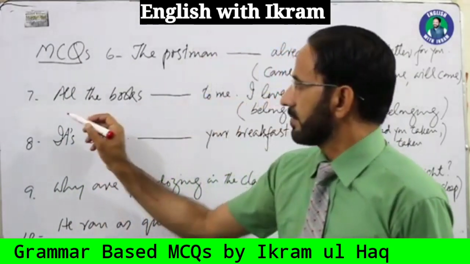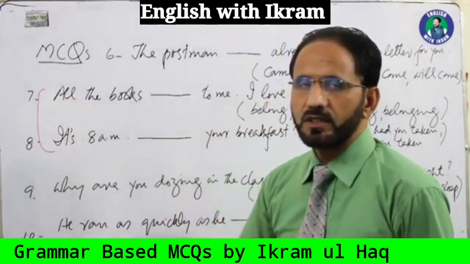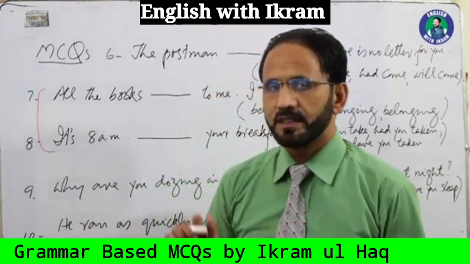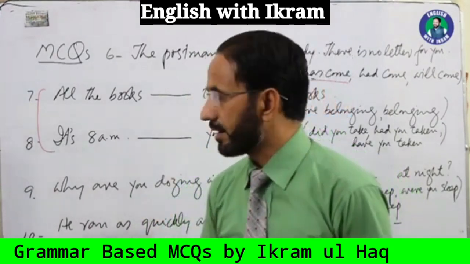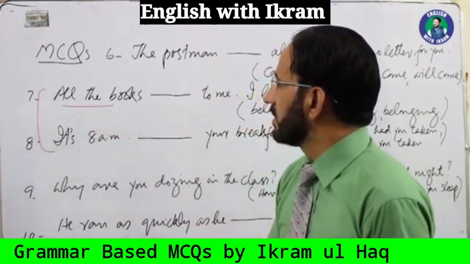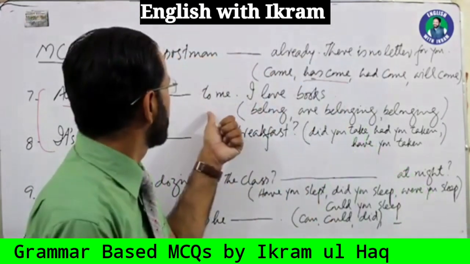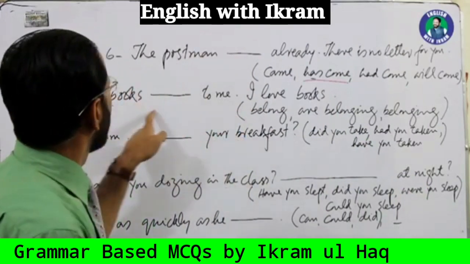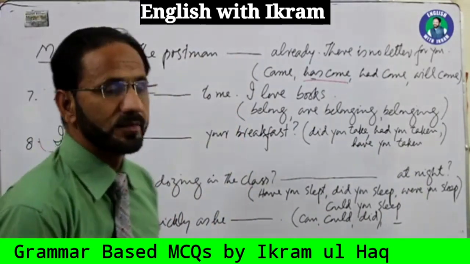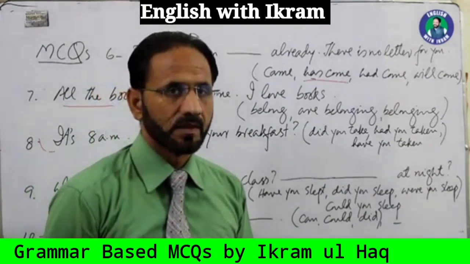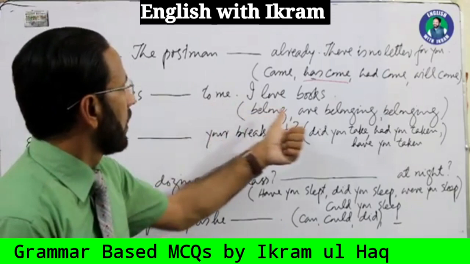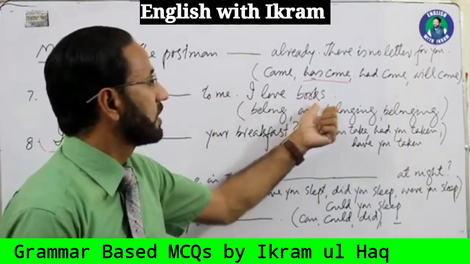Next, now in these two MCQs, your concept about these two tenses will be totally clear. Just be concentrated. All the books dash to me. I love books. All the books belong to me. All the books are belonging to me.